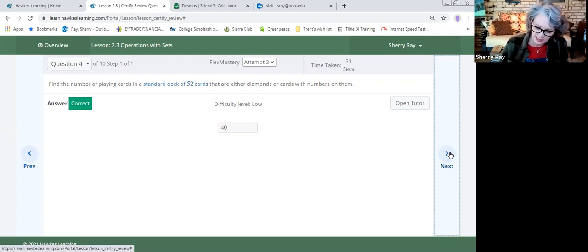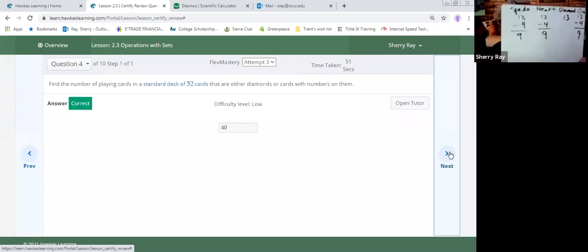So if we have 13 in each suit, and we subtract the 4 cards that do not have a number on them, that would leave us with 9 cards that are either club, spade, or heart that have a number on them, because 4 do not.